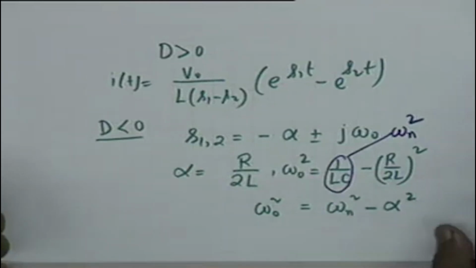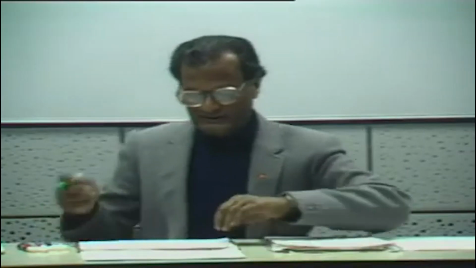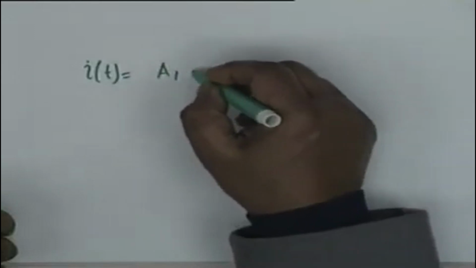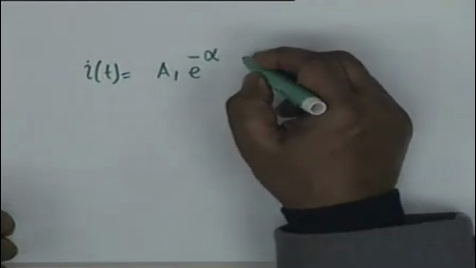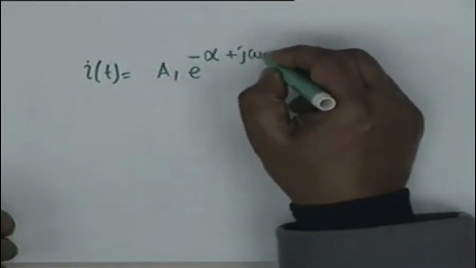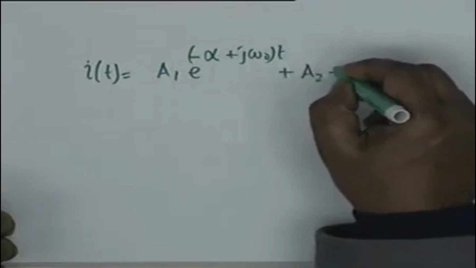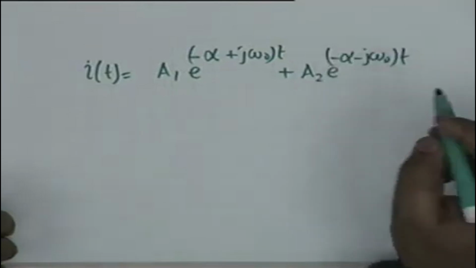Now under this condition that d is less than 0, we showed last time that the current solution shall be of the form A1 e to the power minus alpha plus j omega 0 t plus A2 e to the power minus alpha minus j omega 0 t.